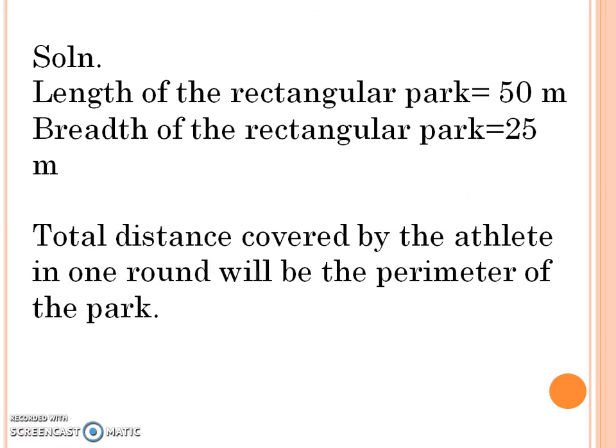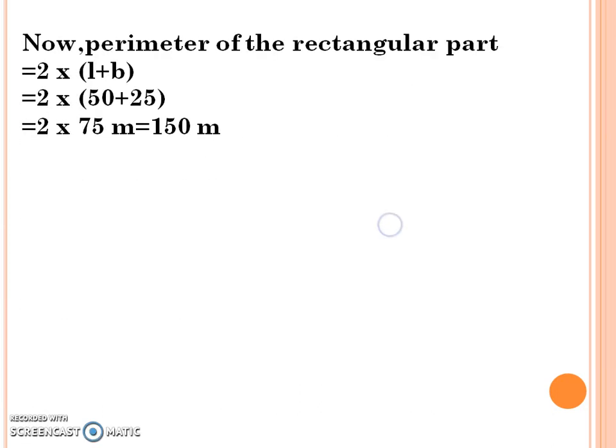So the total distance covered by the athlete in one round will be the perimeter of the park. Okay. So now perimeter of the rectangular park will be 2 into length plus breadth.